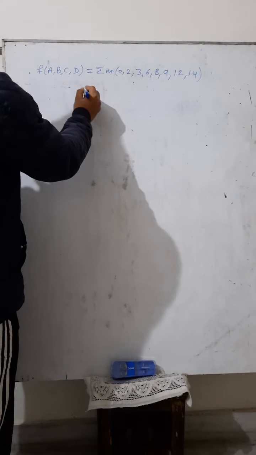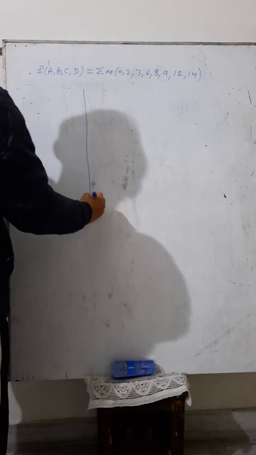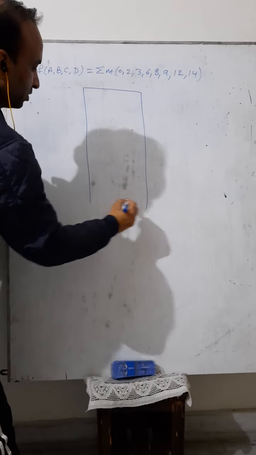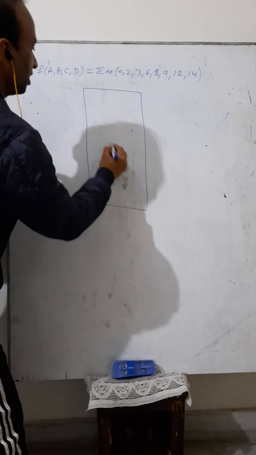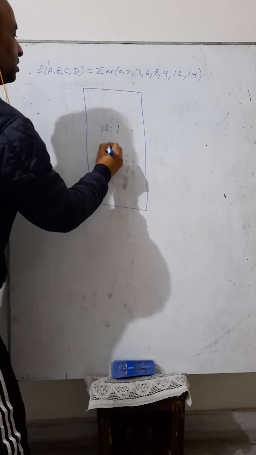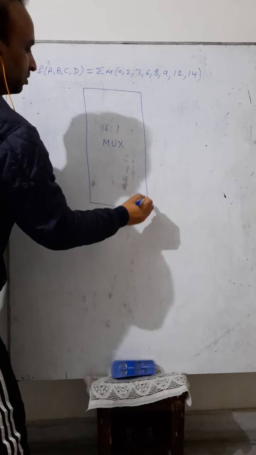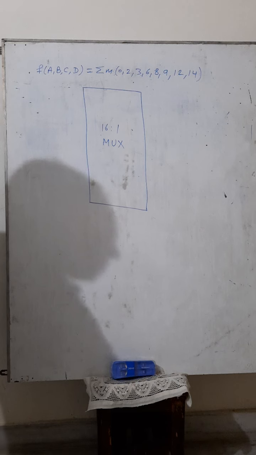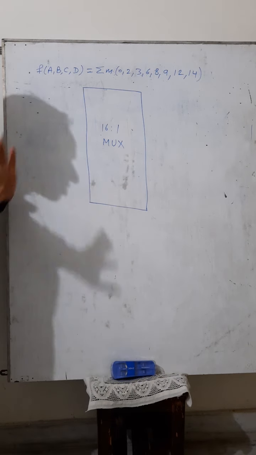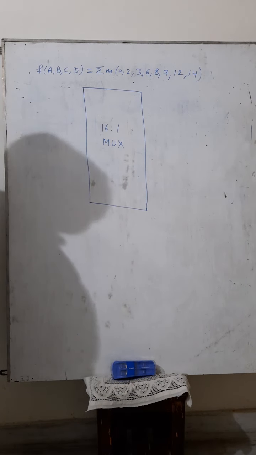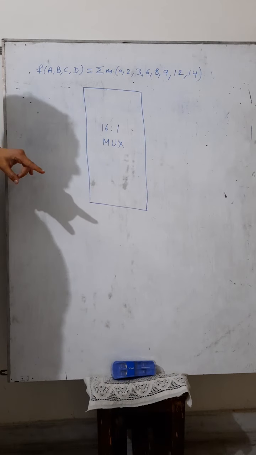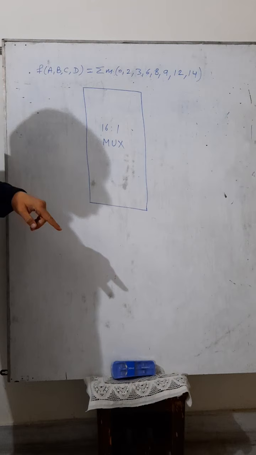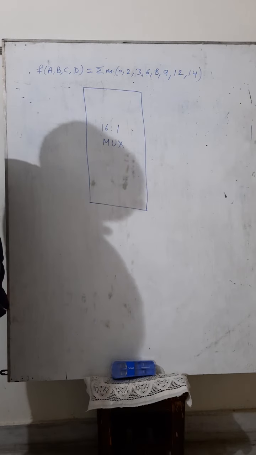So here we draw a block diagram of a 16 is to 1 mux. As we implemented the 4 is to 1 mux, in the same way this will be the 16 is to 1 mux. Because in a 4 is to 1 mux there are 4 NAND gates, and in a 16 is to 1 mux there are 16 NAND gates.